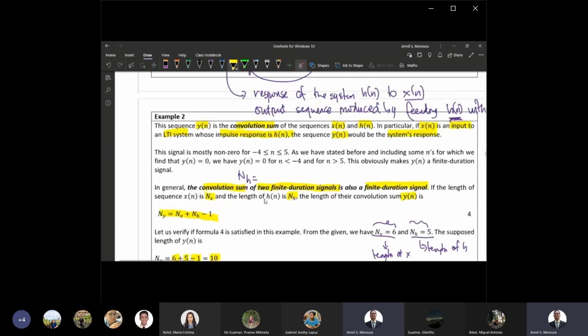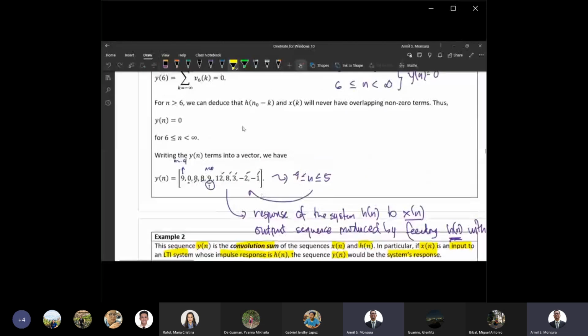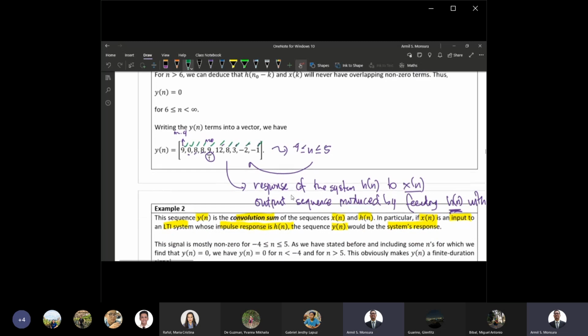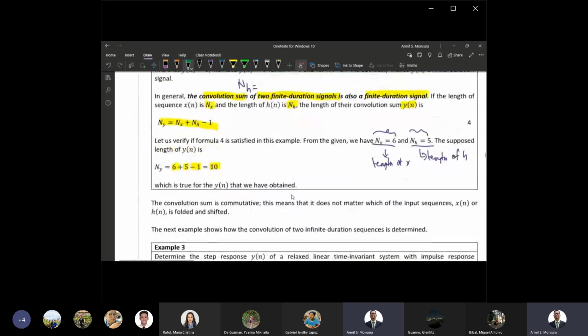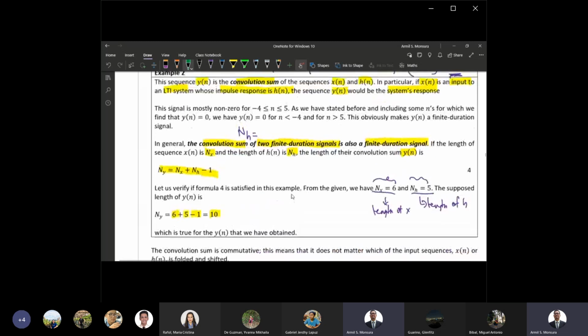So this is 10. So mabibilang natin na yung y niyo has 10 terms. 1, 2, 3, 4, 5, 6, 7, 8, 9, 10.